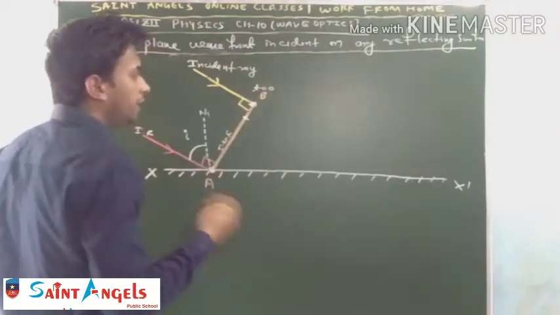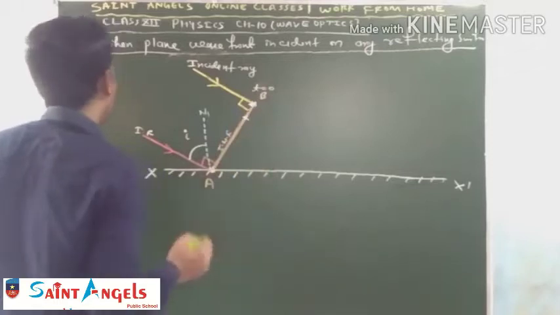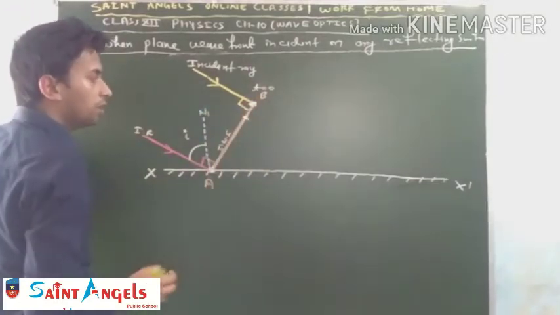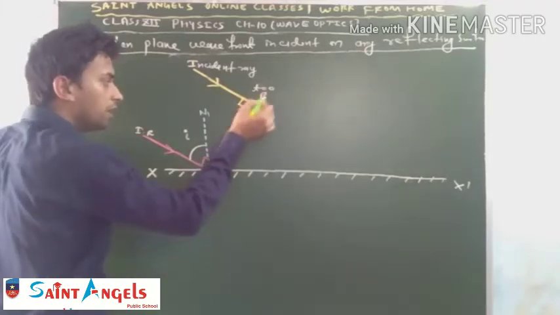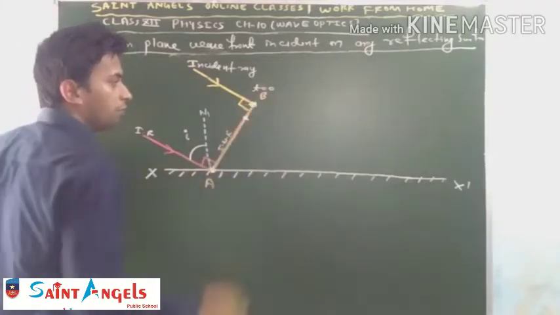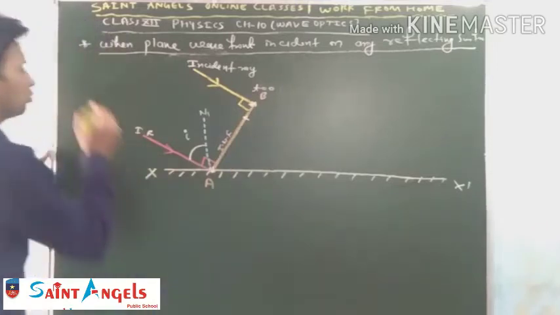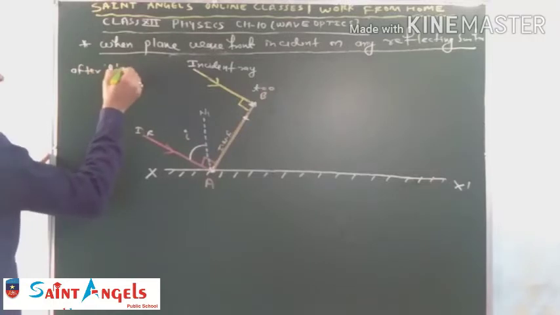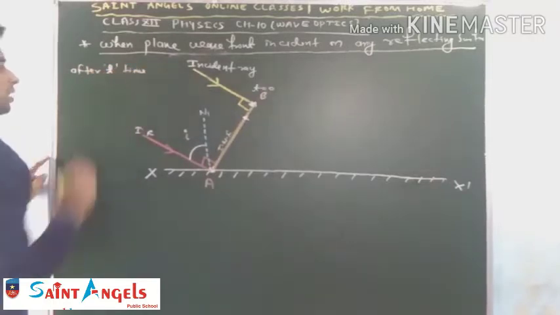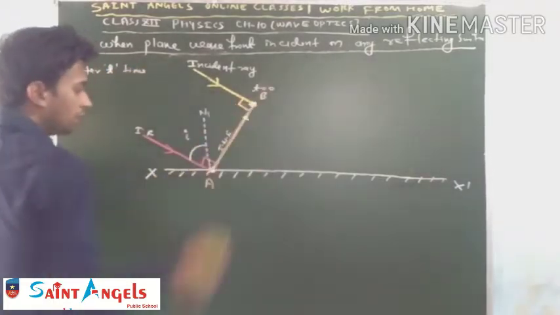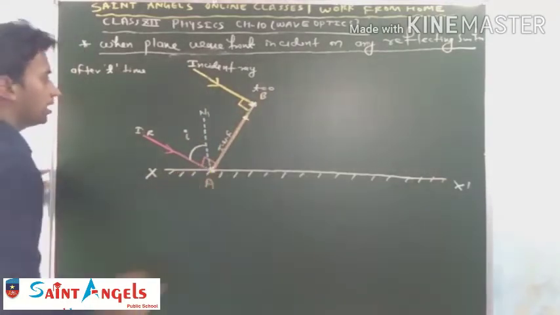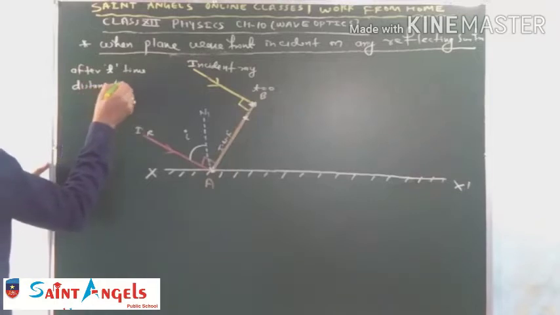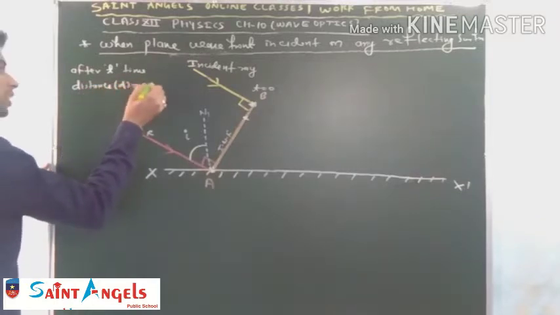Now after time t, we know that according to Huygens principle of secondary wavelets, these particles emit wavelets which move with the speed of light. So after t time, the distance traveled by particle B as well as by particle A is d equal to c into t.